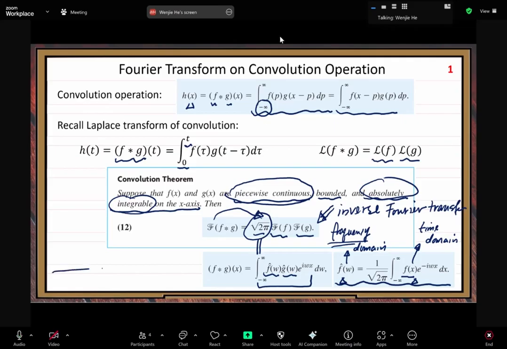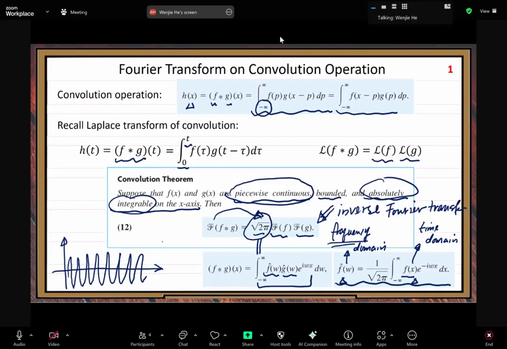First, let me draw a curve with relatively high frequency. You can see that in a fixed interval of time there are more periods.